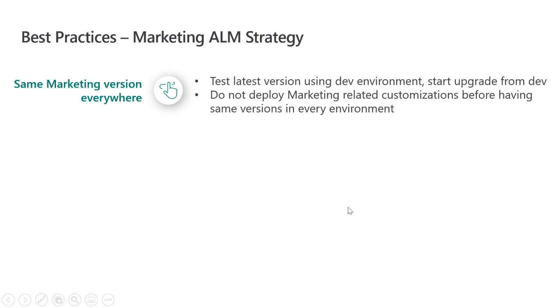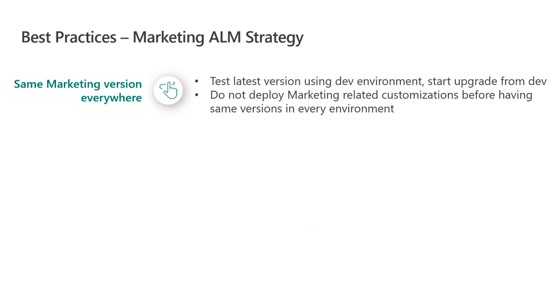We also have a couple of best practices around release management of the marketing app. As Cole said, currently updates to the marketing app should be applied manually using the applications page under the Dynamics 365 Admin Center. We have seen that from time to time this causes problems during solution deployment if those updates are not applied to each environment.